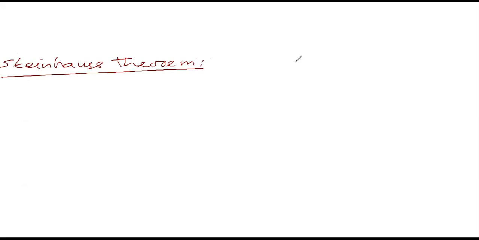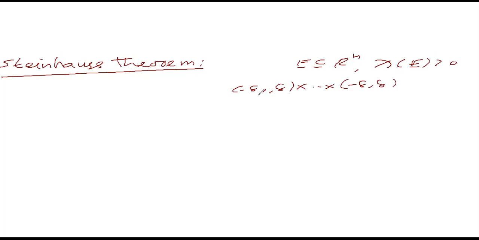given a subset E of Rn such that the Lebesgue measure of E is positive, then I can find delta such that this interval n times, it's a subset of Rn. This is a bounded open interval of Rn.